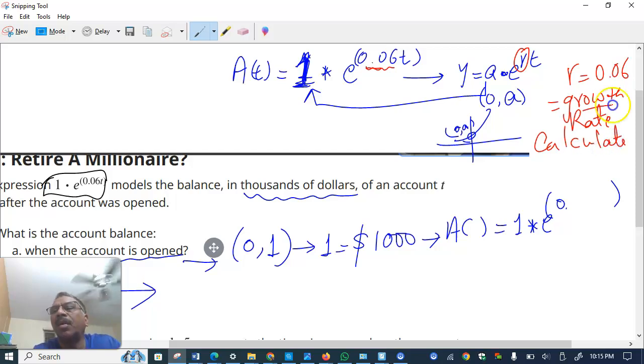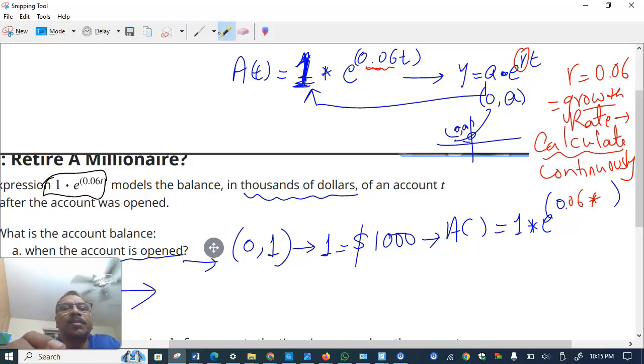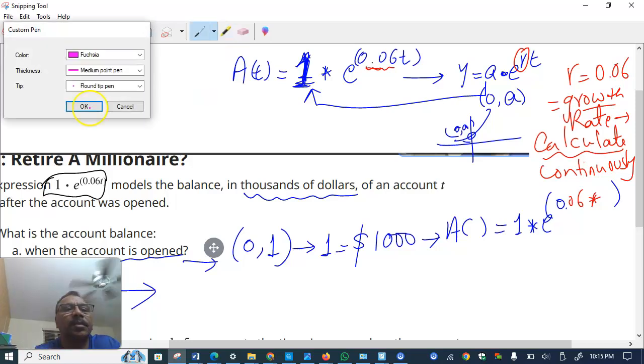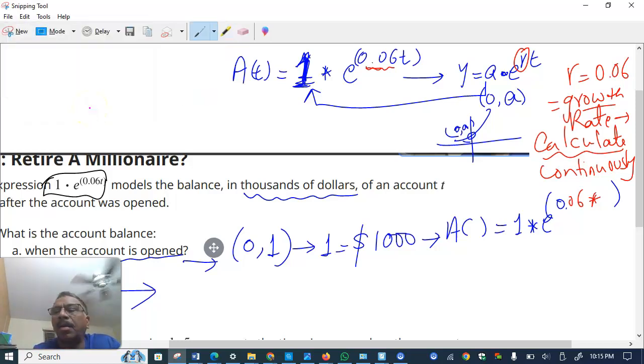So even though it is a growth rate per unit increase, it is calculated continuously, and that's why that e is there. Okay, so this is 0.06, and then you multiply by t.